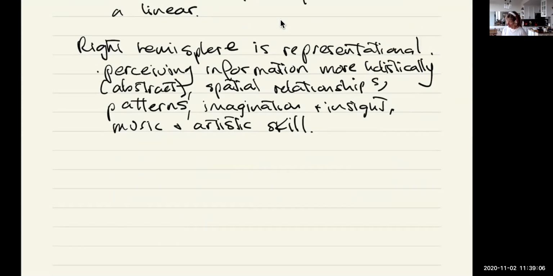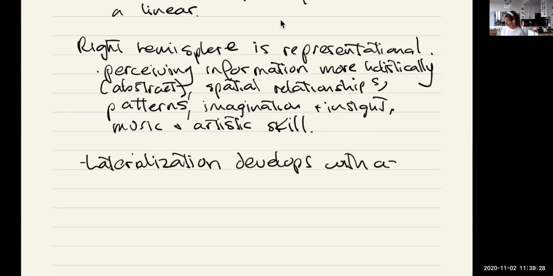So lateralization develops with age, interestingly. In other words, the hemisphere is becoming more specialized. If there is trauma to either side of the brain, it can be more severe in males because females have more communication between the two hemispheres.